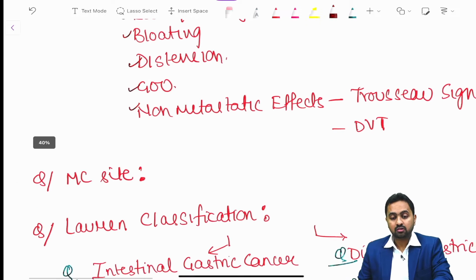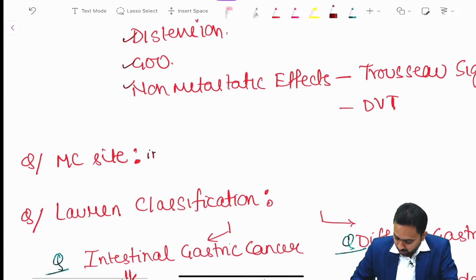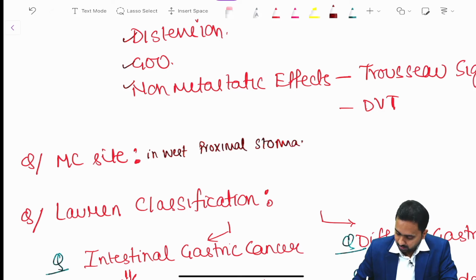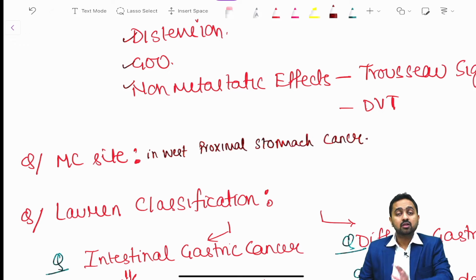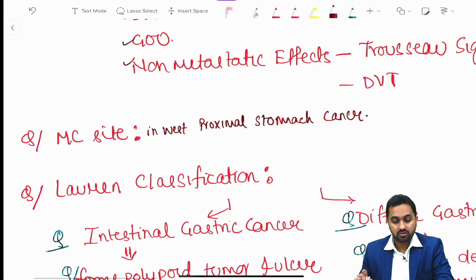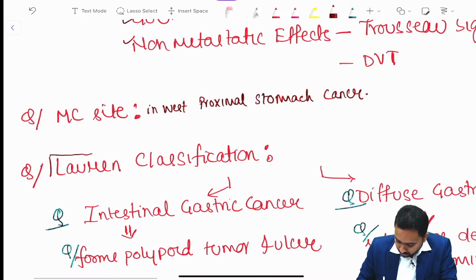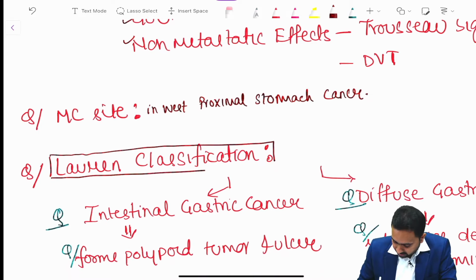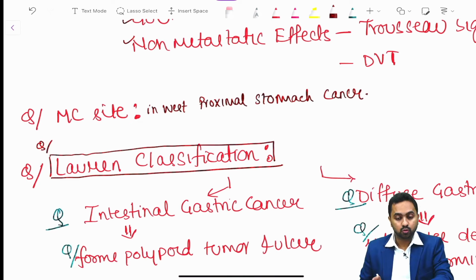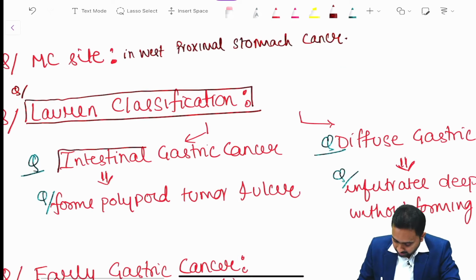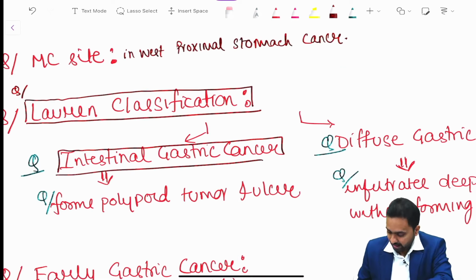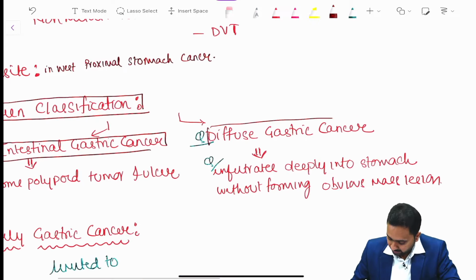Then, regarding the most common site in the west, it is the proximal stomach cancer. Then we have the most commonly used clinical classification in gastric cancer, which is the Lauren classification. This Lauren classification divides gastric cancer into two types, intestinal gastric cancer and diffuse gastric cancer.